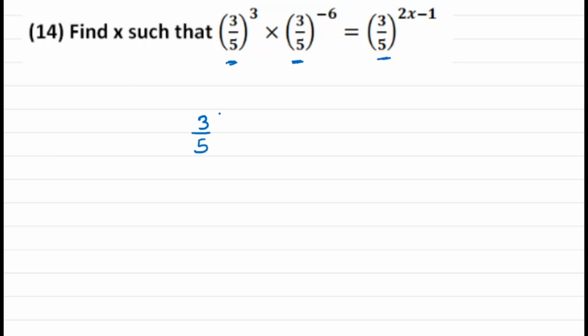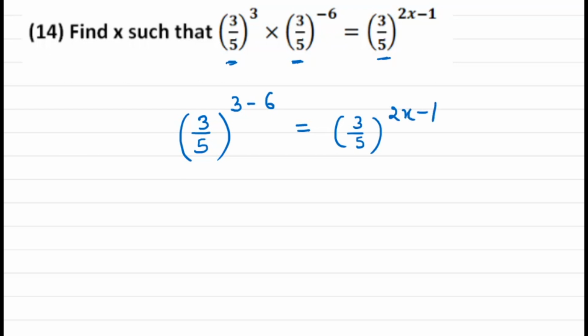On the left side we have 3 by 5 to the power 3. Here in the multiplication we add the powers, so this will be 3 by 5 raised to the power 3 minus 6, which equals 3 by 5 raised to the power 2x minus 1.